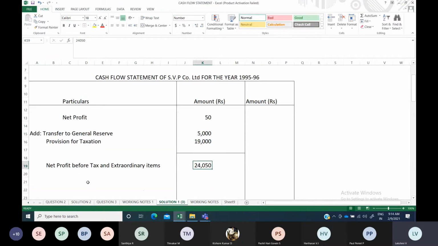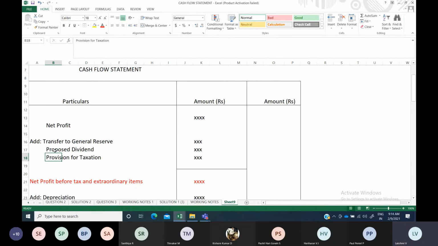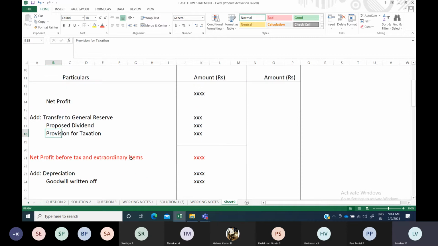Okay, so this is the amount we are getting over here. With this, you have to add any depreciation, any goodwill written off, and any loss on sale of fixed assets, and if there is any profit on sale of fixed assets you have to subtract it. Net profit before tax and extraordinary items, till this we have found out.